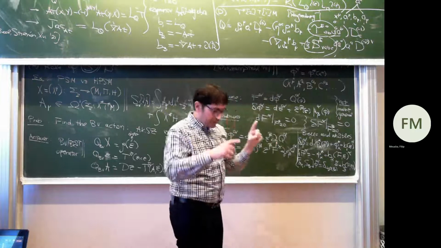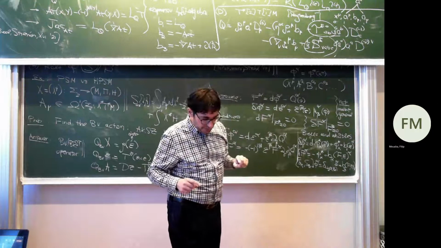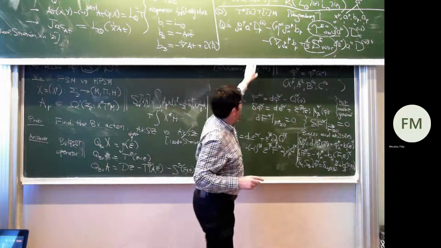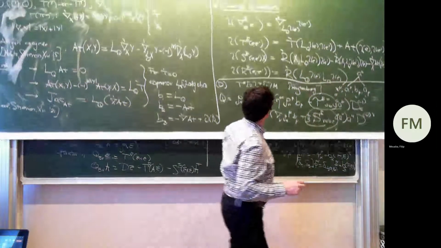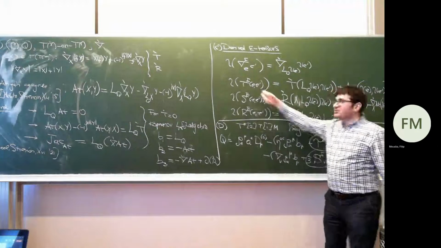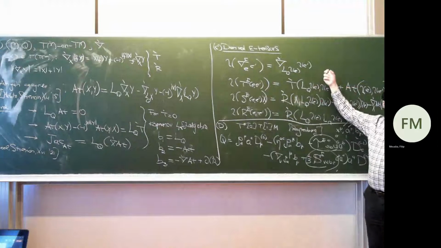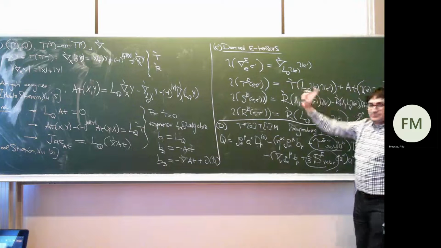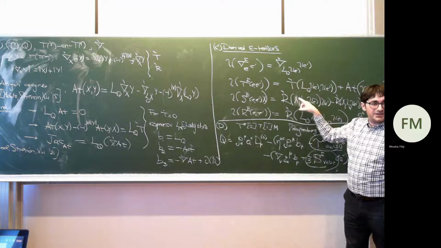So then there is an interplay between the Poisson bracket and the bracket of vector fields. And what you get is that when you try to write down the Gualtieri torsion as torsion on T star M plus TM, you get this term. Well, okay, you have to play with the Poisson bracket additionally here, right?